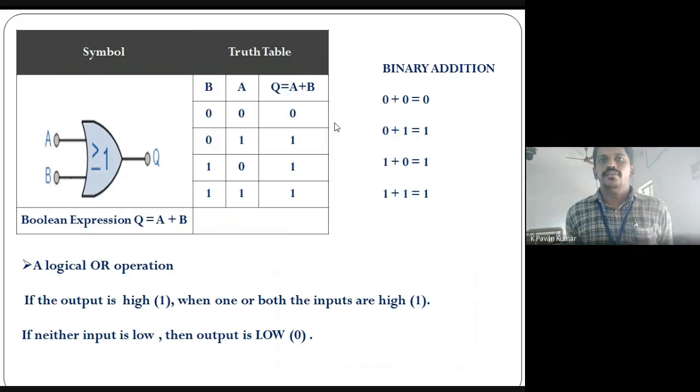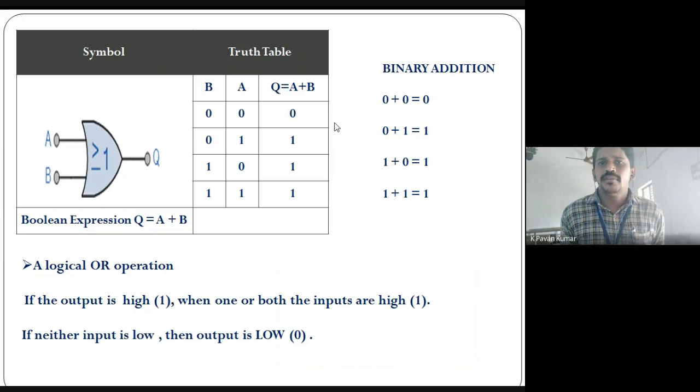So first we add 0 plus 0, which gives output Q equal to 0. Second condition, if B equals 0 and A equals 1, then 0 plus 1 equals 1. Third condition, 1 plus 0 equals 1. And fourth condition, 1 plus 1 equals 1.